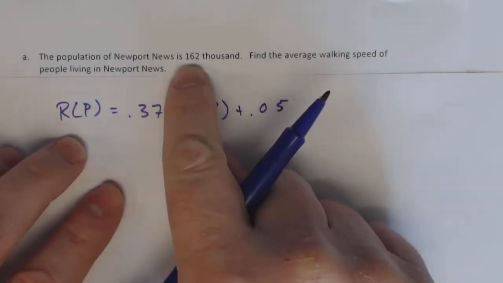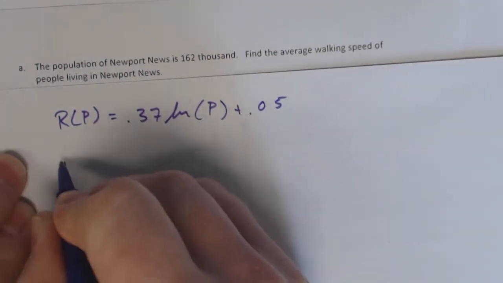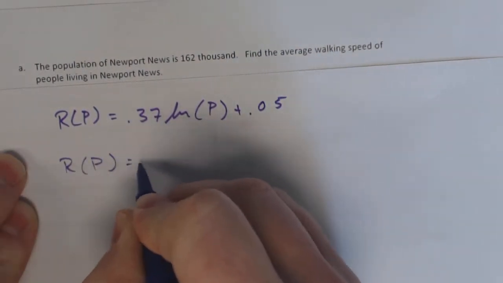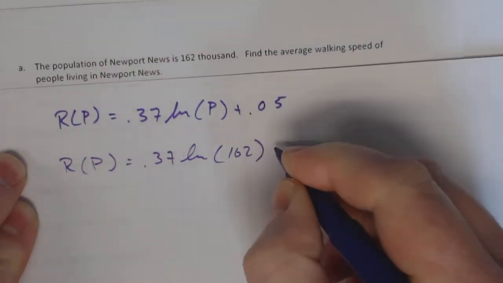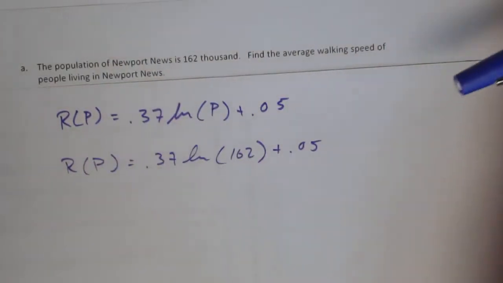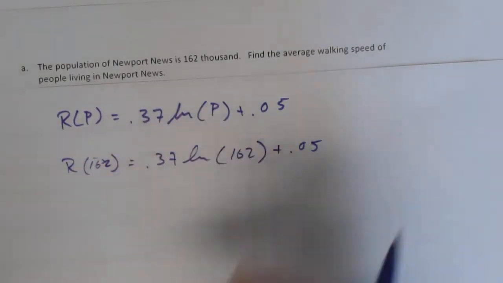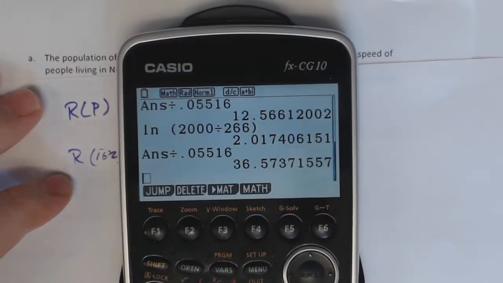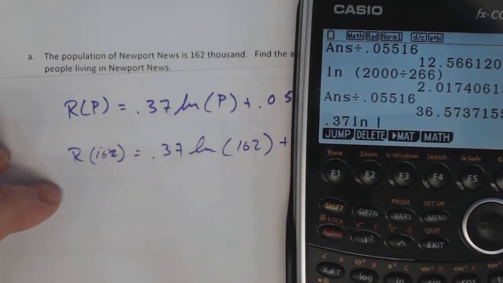So the population is 162,000. That's what P is, and it's in thousands, so I'm just going to put 162 in here. I just need to find R of 162, to get the right notation: 0.37 ln 162 plus 0.05.